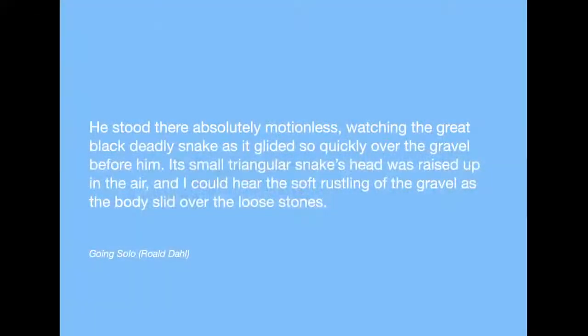Roald Dahl, as with all writers, is using sound on purpose. It's not an accident. They're not just using any old word to write a story. They're using it on purpose. So he stood there, sibilance there, absolutely motionless, sibilance there too, watching the great black deadly snake, and there's our sibilant word there, as sibilance, as it glided so quickly, sibilance, over the gravel before him.